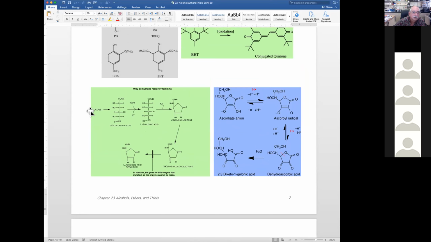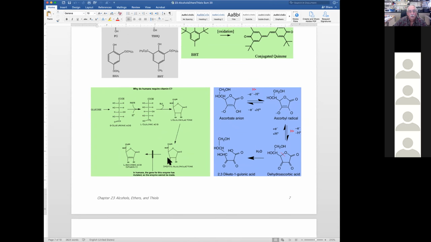So glucose gets turned into this glucuronic acid, then a different glucuronic acid. And what is NADH right there? It's like an XH2. It's being reduced, right? So you're reducing it over here, you're dehydrating over here as you make the cyclic form.